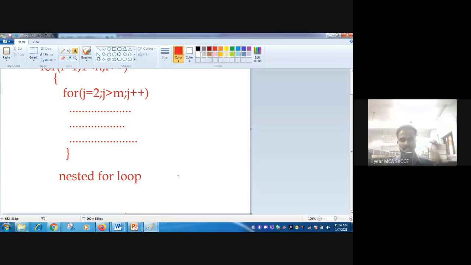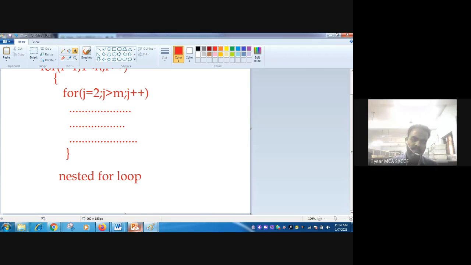Nested for loop. சரியா? அதே மாதிரி if statement within the if statement, if you are using another if statement, it is called a nested if statement. அப்படின்னா ஒரு ஸ்ட்ரக்சருக்குள்ளாடி இன்னொரு ஸ்ட்ரக்சர் யூஸ் பண்ணுறோம்னா it is called nested.